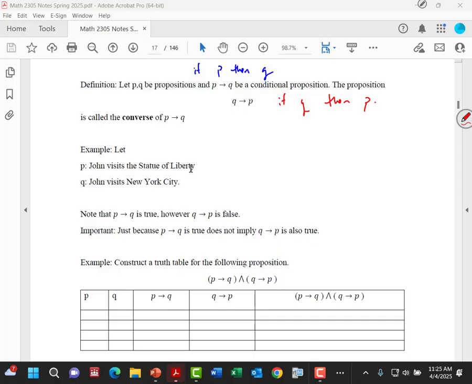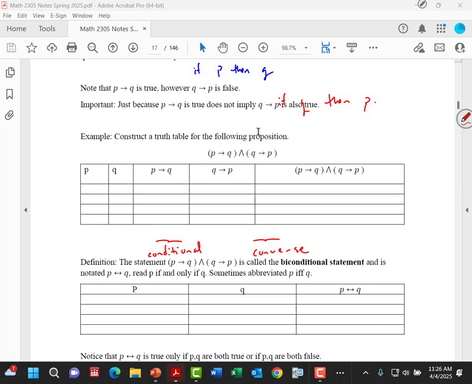This is a very common mistake that elementary mathematicians and computer science students make, incorrectly assuming that the converse is true. Just because the conditional may be true does not mean that the converse also is true.